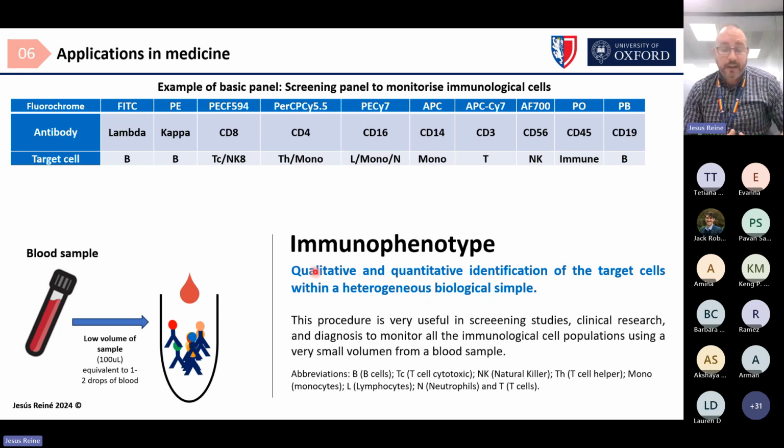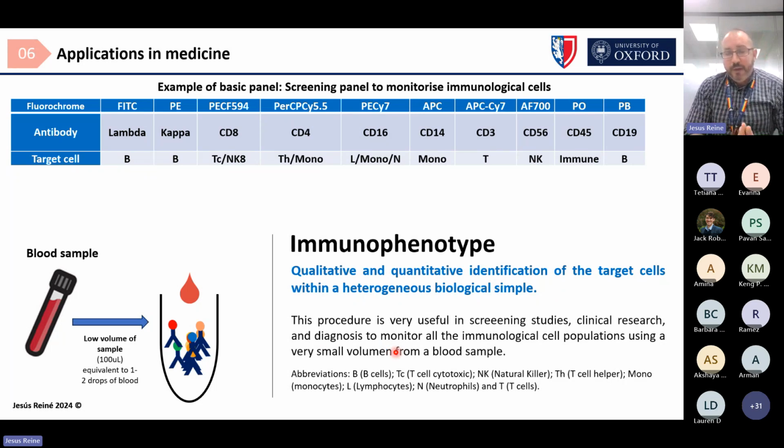Qualitative means that we can detect the presence or absence of a protein based on its expression, and we can quantify how much is expressed. Within a heterogeneous sample, it can go from the most generic to the most specific. And like I said, it's very useful in screening studies, in clinical research, in diagnosis, and follow-up, and it's really relevant.